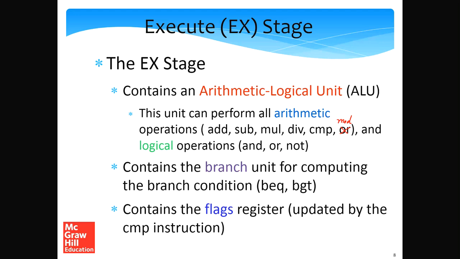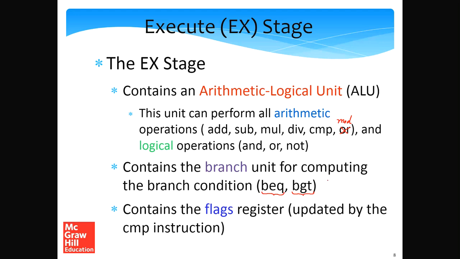The execute stage also contains the branch unit for computing the branch condition. If you would recall, we have 2 conditional branch instructions in simple RISC called BEQ and BGT. BEQ means branch if equal, and BGT means branch if greater than.